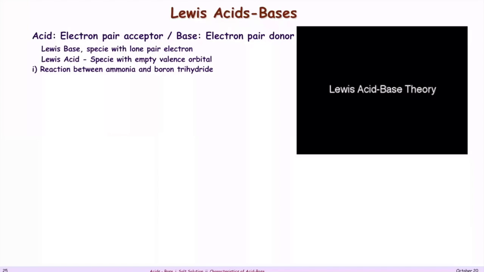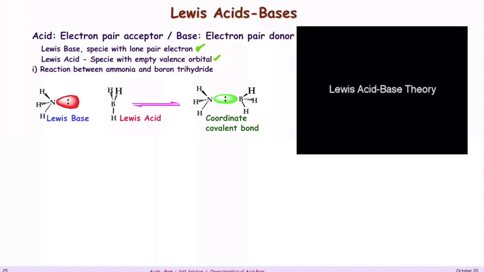Because it's donating that pair of electrons, we consider it a Lewis base. So that's our definition right here. Lewis base, species with lone pair electrons to donate. Lewis acid, species with empty valence orbital to accept that lone pair. So this is the chemistry that occurs. And the reason why we use Lewis acids and bases is because it's a more broad definition.